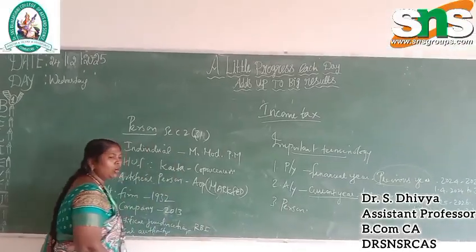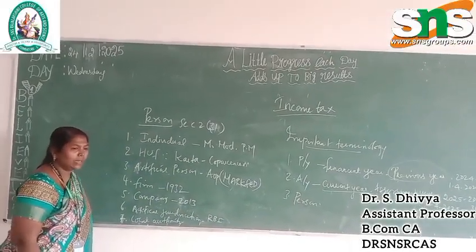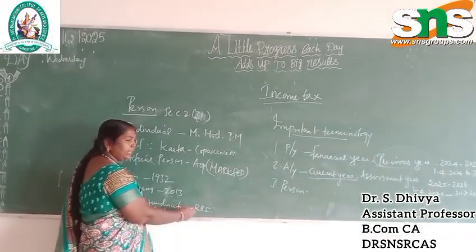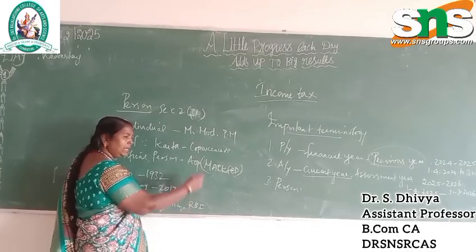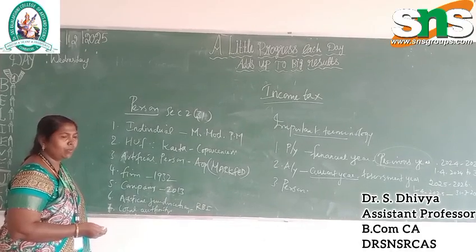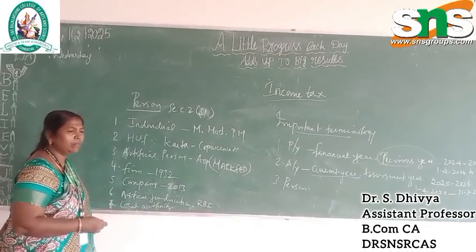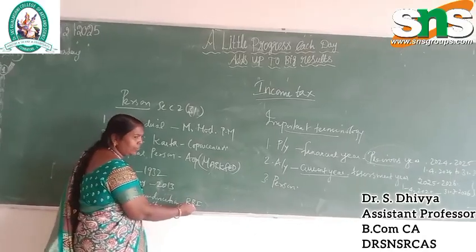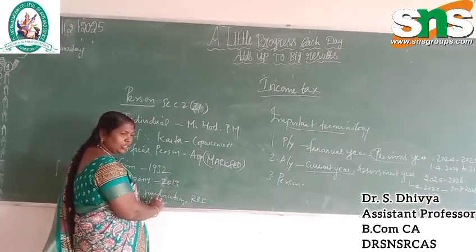Under the RBI many banks are running: nationalized banks, private sector banks, Tamil Nadu Mercantile Bank, Central Bank, Canara Bank, SBI. So RBI is an artificial juridical person.